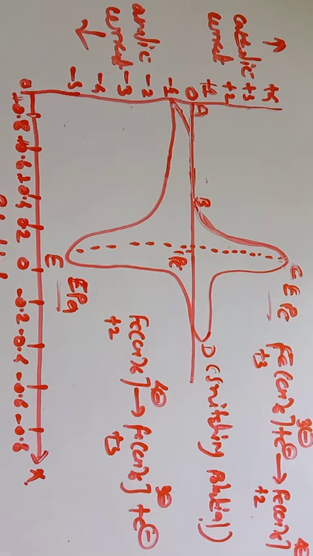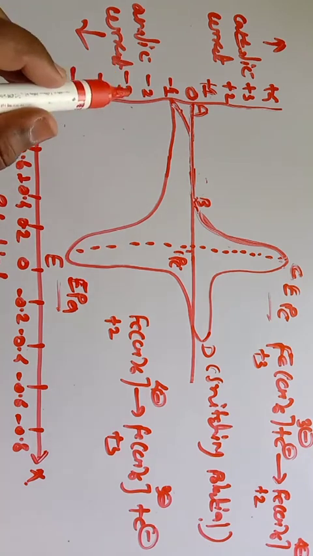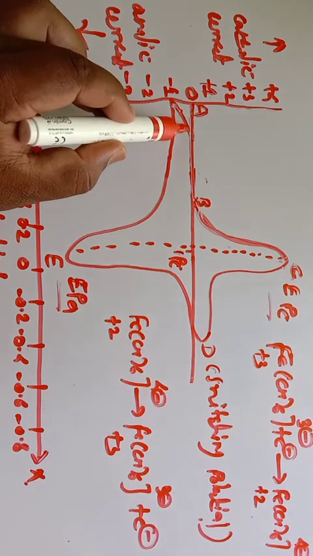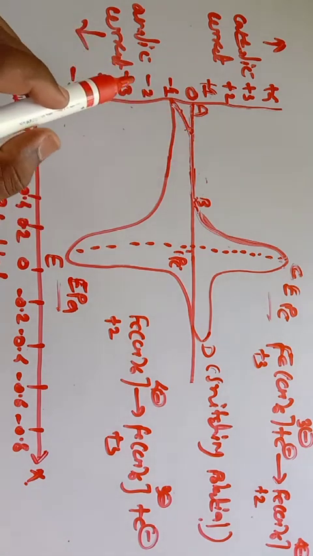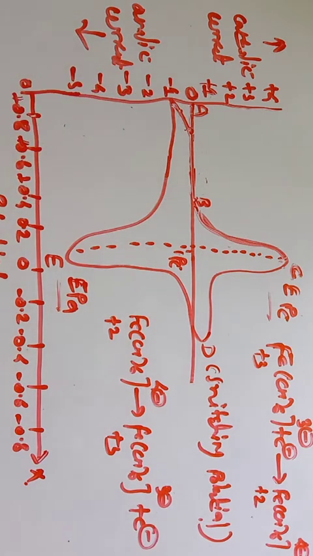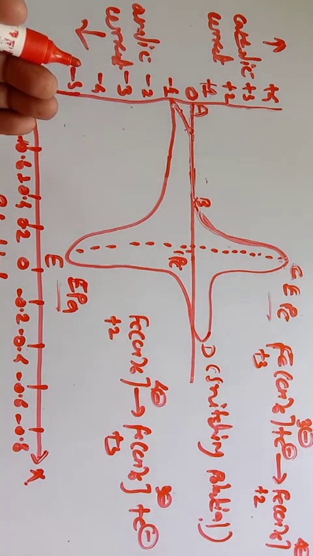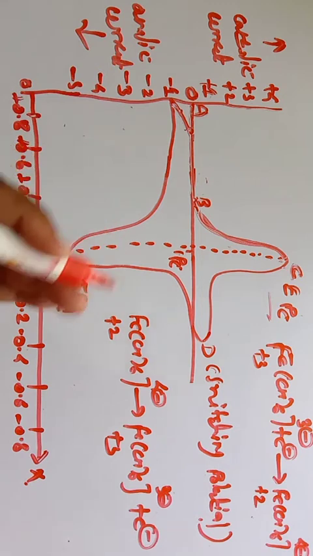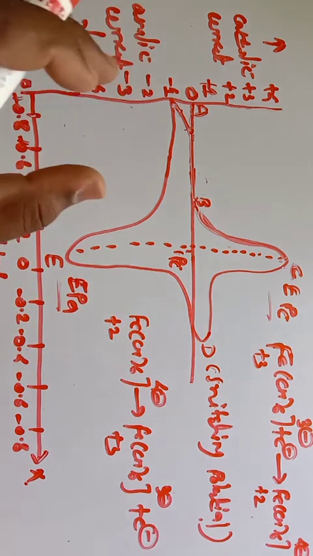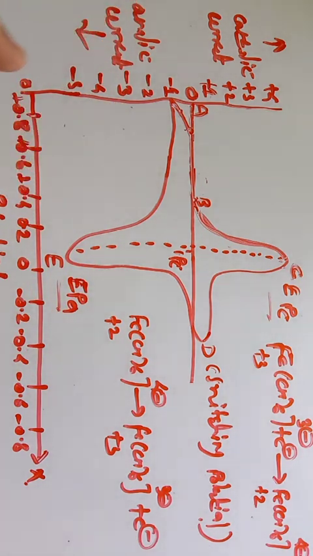So let us discuss one by one again the same points. Up to point A, whatever the anodic current is, it is due to the oxidation of water to give oxygen, and it rapidly decreases to zero as we scan the potential from more positive to negative. In the region between A to B, there is no current because no oxidizable or reducible species is present.